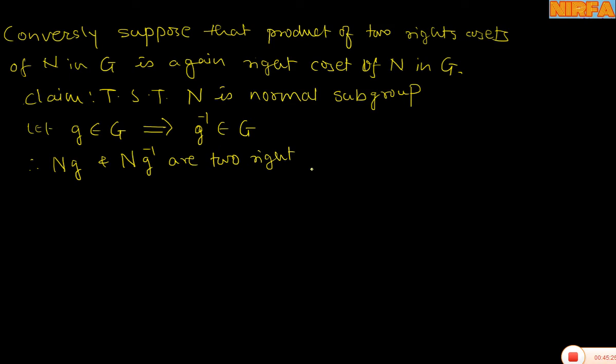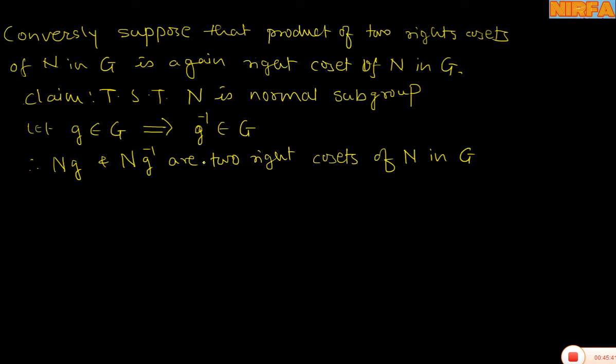So Ng and Ng inverse are two right cosets of N in G. And already we assume that the product of two right cosets is again a right coset.